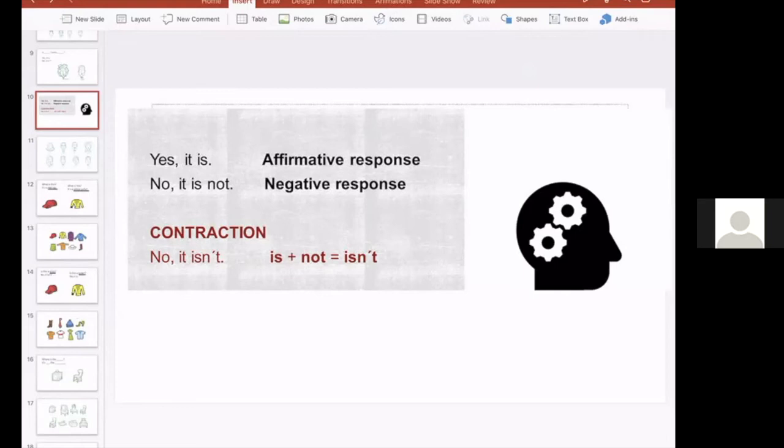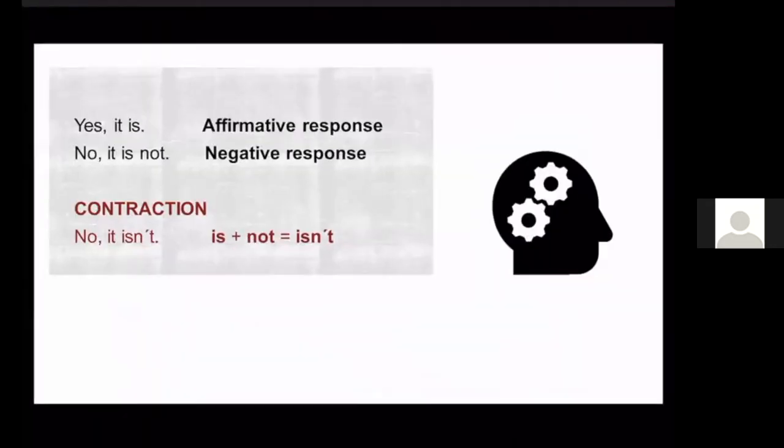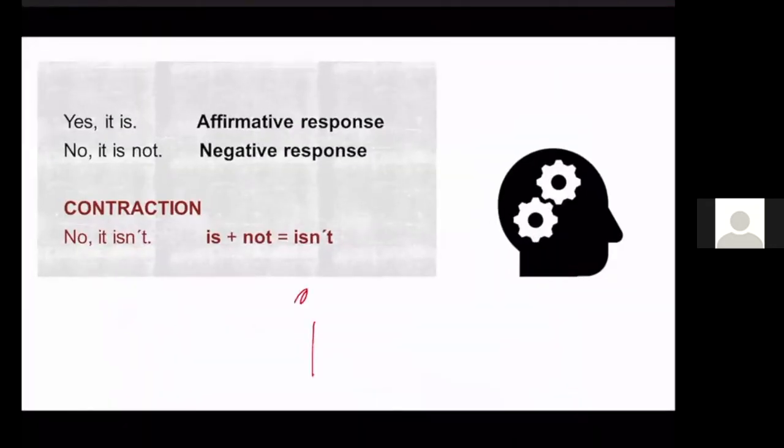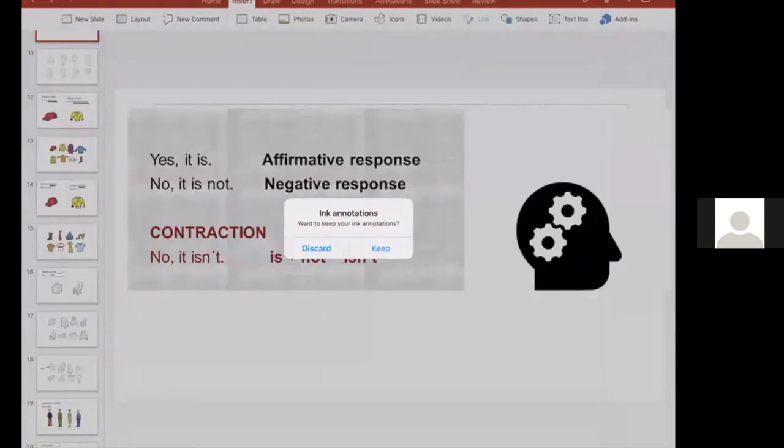So this is where you're probably going to have to stop the class and remind them that yes, you do it like an I, like yes. Okay? Remember, we need to help them a lot in pronunciation.